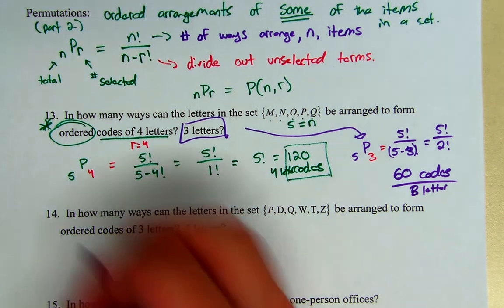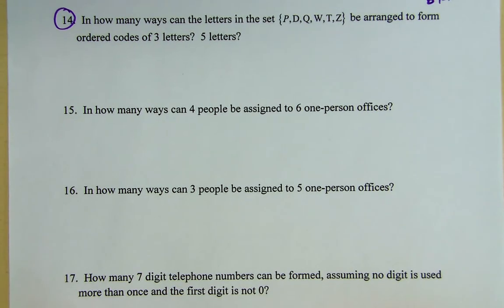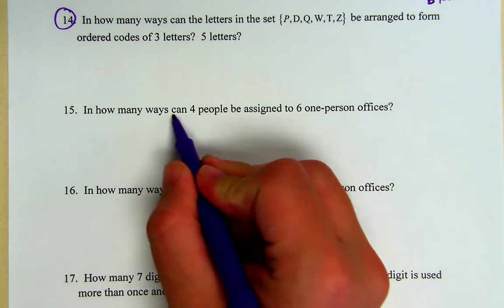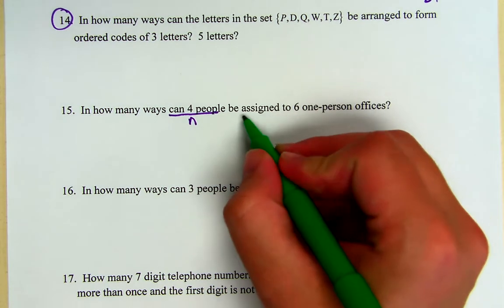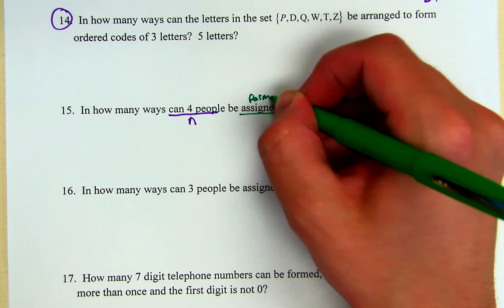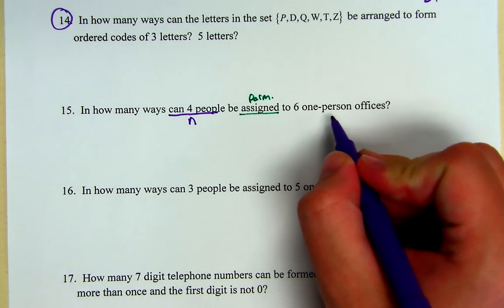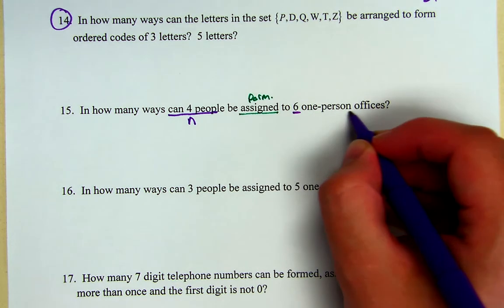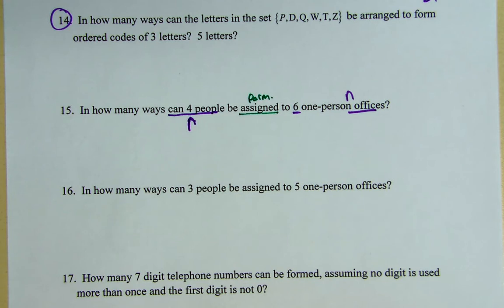Alright, so 14, again, that will be yours to try. Let's go ahead and talk about number 15. So how many ways can 4 people, so that sounds like a total, be assigned, assigned being your keyword for permutation, to 6 one-person offices? So that's 6 offices. Really, that's your total. 4 people is what we're choosing.